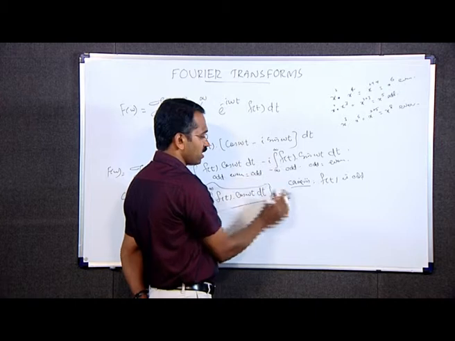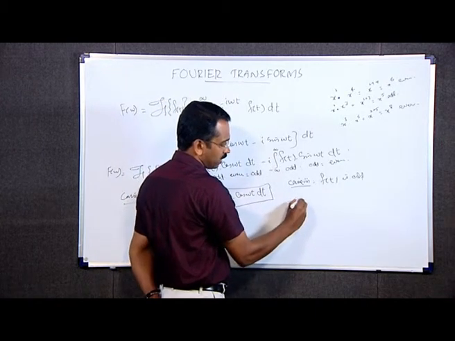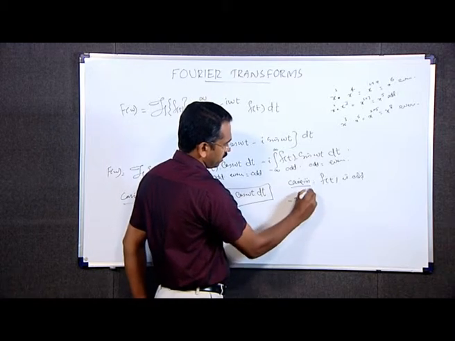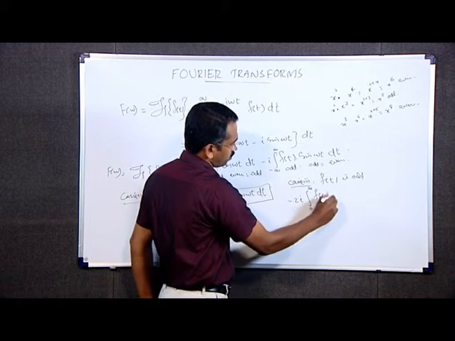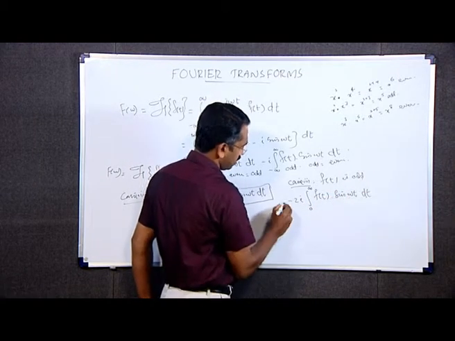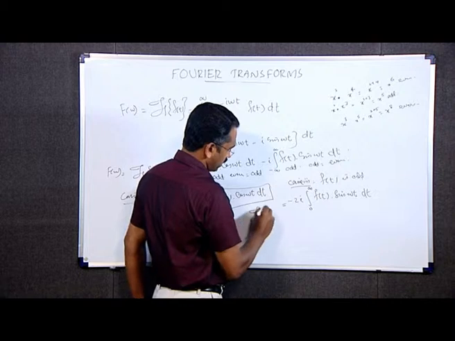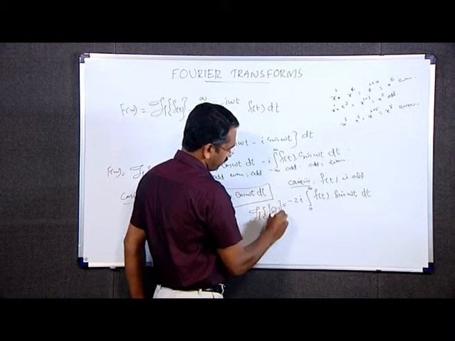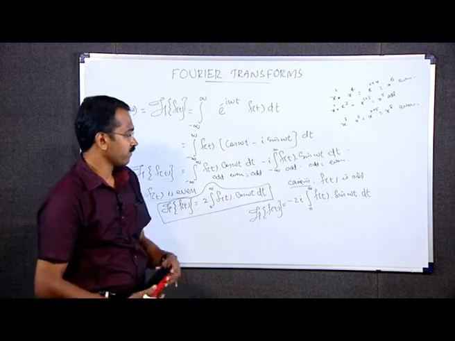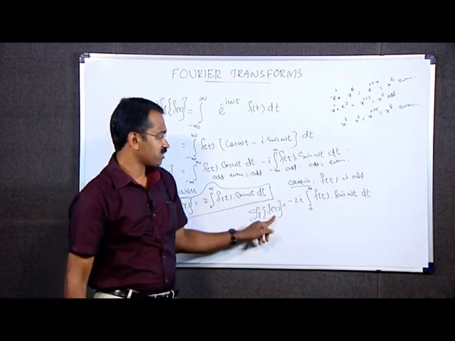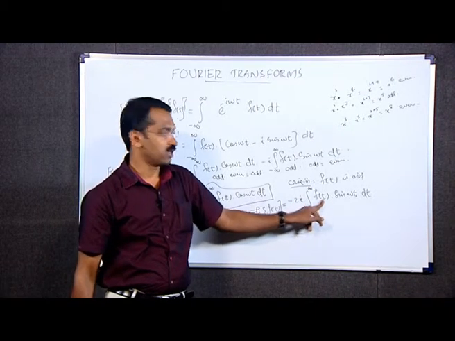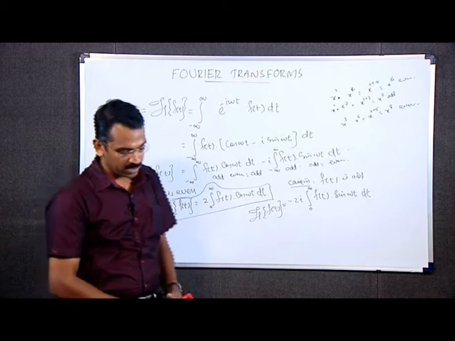Here minus I is a constant, therefore minus 2I into integral from 0 to infinity f of t into sin omega t dt. This is the corresponding Fourier transform of f of t. In this case, that is when f of t is an odd function, the Fourier transform is given by minus 2I into integral from 0 to infinity f of t into sin omega t dt.